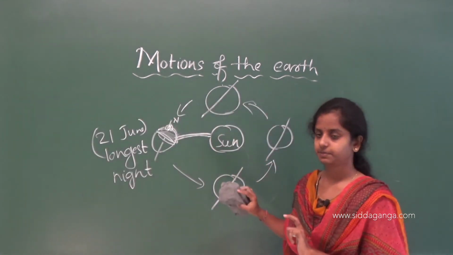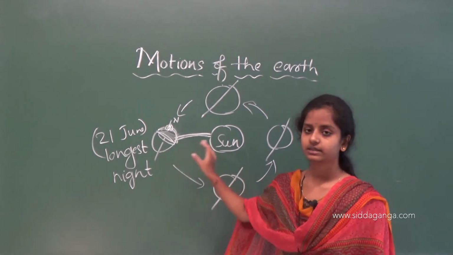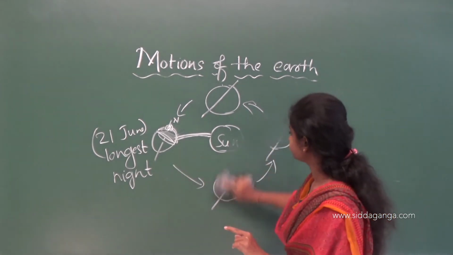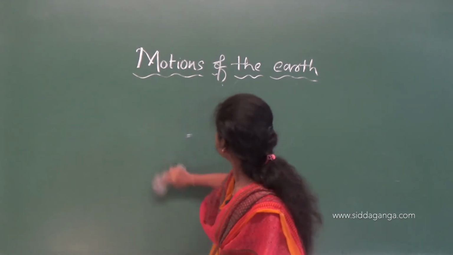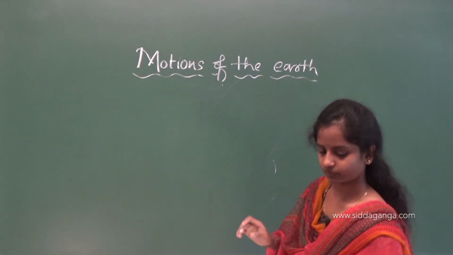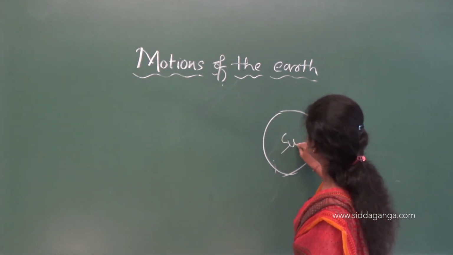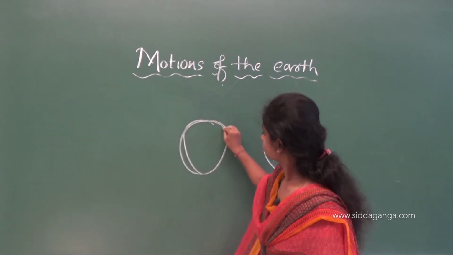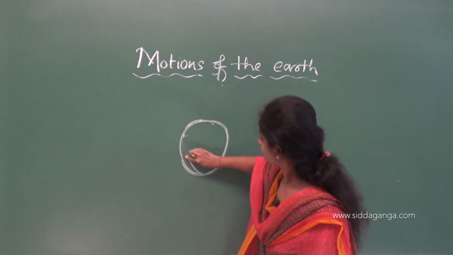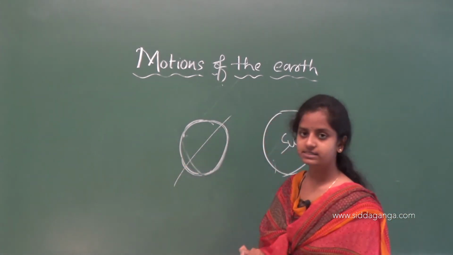Okay, let me explain by taking only this earth surface, because then you can get it easily. So this is the sun and this is the earth. This is the axis.